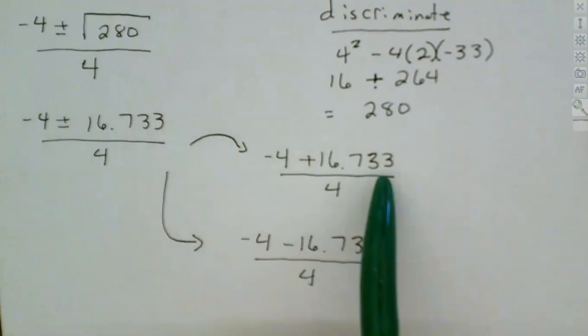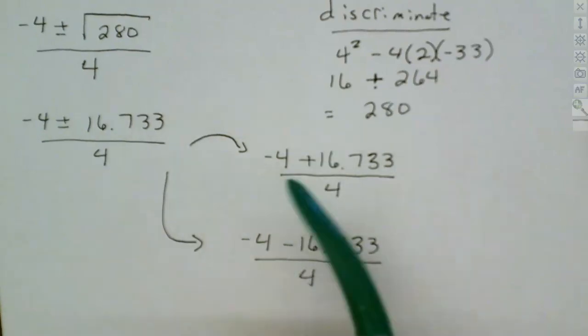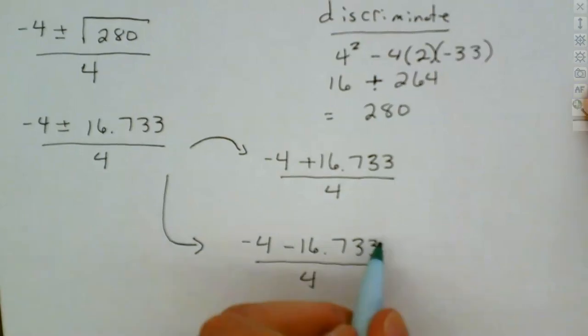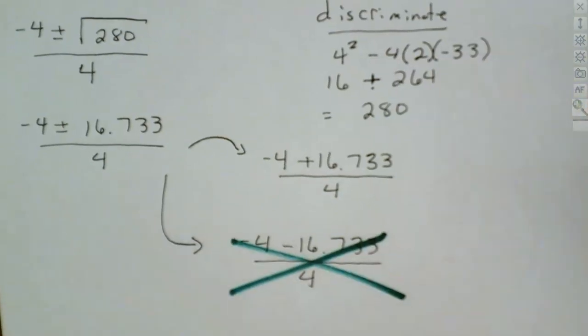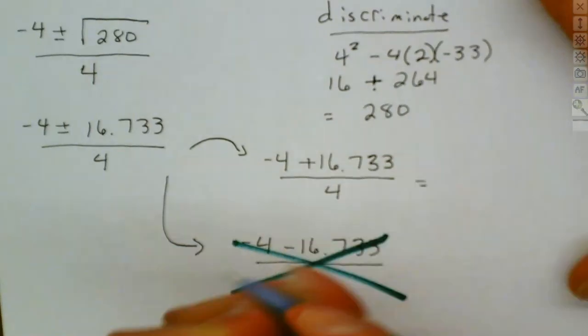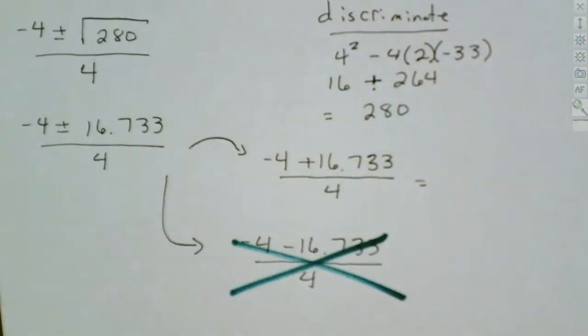We've got the decimal, but this one's going to be positive. What about this one? Minus 4 minus 16, that's minus 20. It's negative. Can time be negative? No. So I don't have to worry about that one because it's already negative, and we know time cannot be negative. So all we have left is this one. Let's go ahead and work this one out.